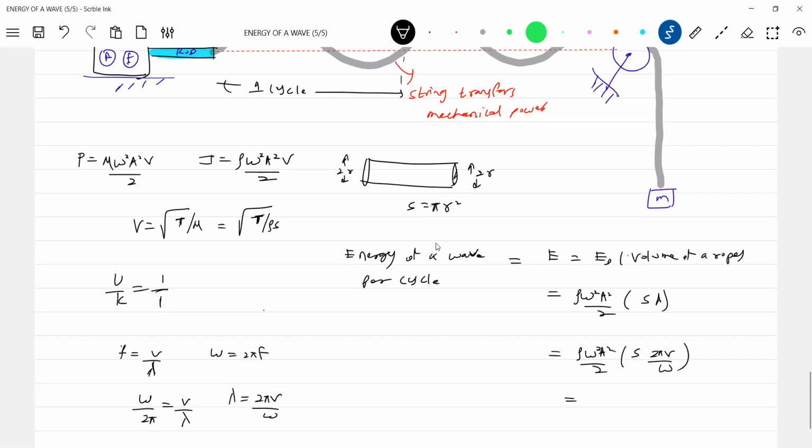Two get cancelled, so this will be rho S omega a square v by 2. Pi will be there. This is some E dash, or any other symbol, or you write it E lambda.